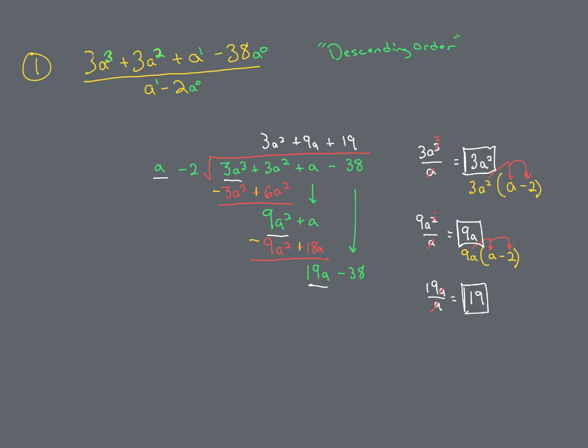And then just continuing this, I'm going to take the 19 times the a minus 2. 19 times a is 19a. 19 times negative 2 is negative 38.